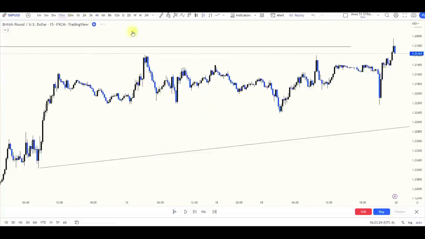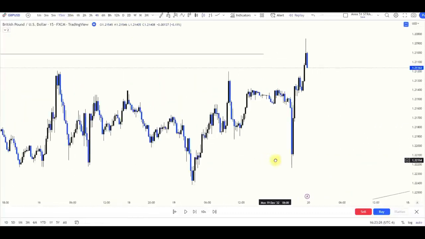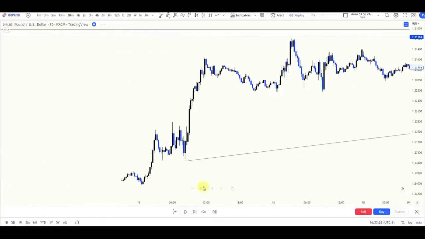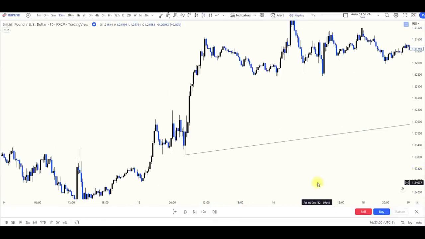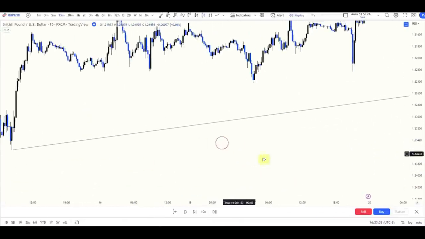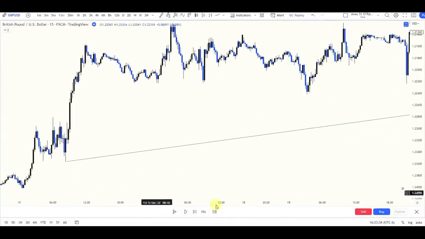All right. Once we had that break of structure, what we're looking for is a demand zone.